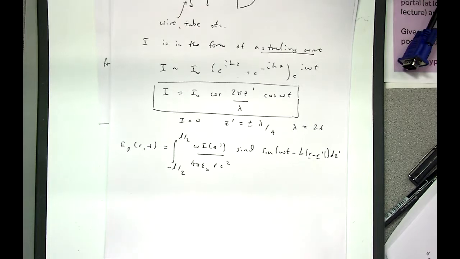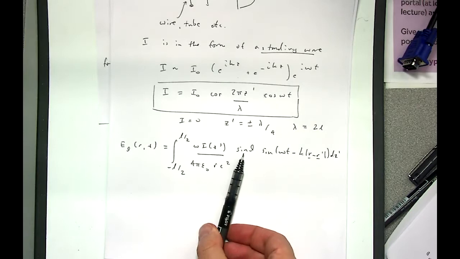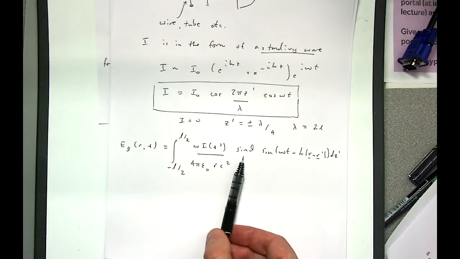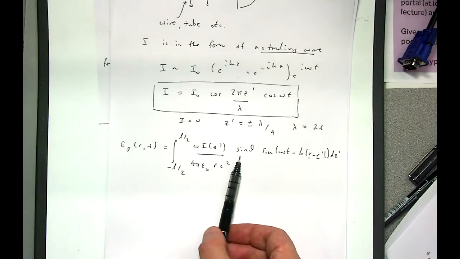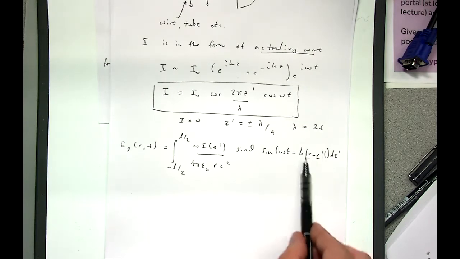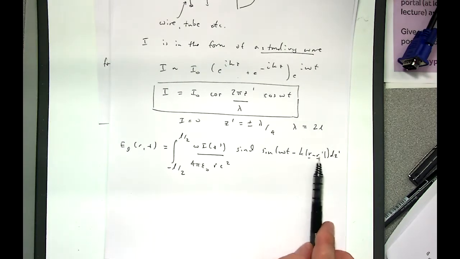So there's a phase shift there. And then you have this sine theta. This sine theta is how the electric field varies as a function of observation angle. That's the sine theta that comes from your Larmor radiation pattern. But we need to account for this bit as well, which is the fact that there's a phase shift between the electric fields between the bottom of the antenna and the top of the antenna.